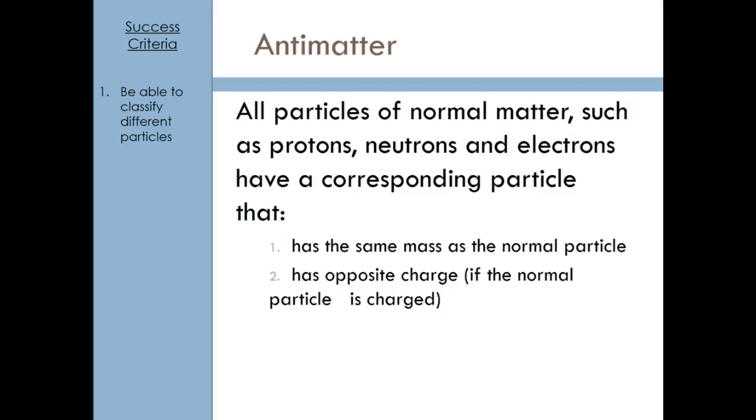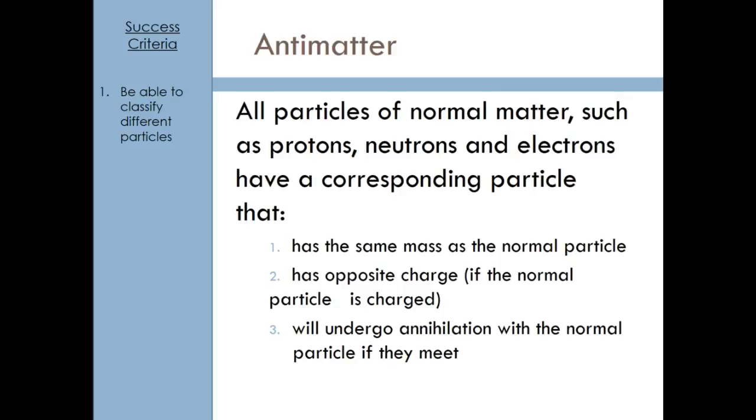They just have opposite charge if it's charged. And if the matter meets the antimatter, it would undergo what we call annihilation. And annihilation is where the mass of the particle and the antiparticle is converted into 2 photons. So the 2 particles cease to exist, and we just get two photons of energy emitted.